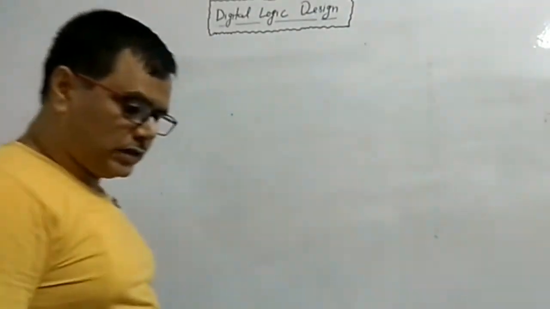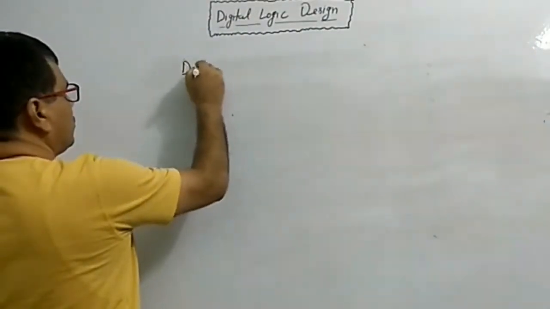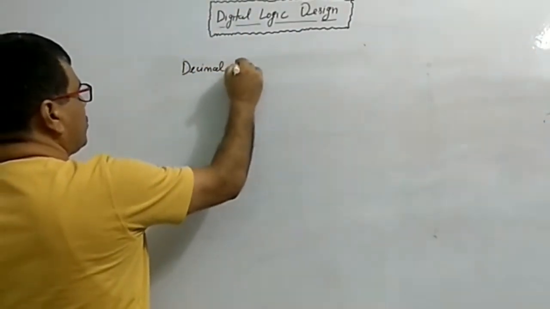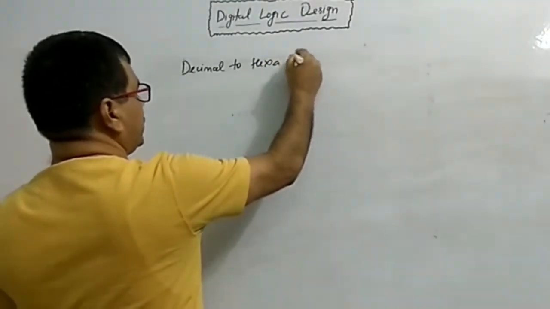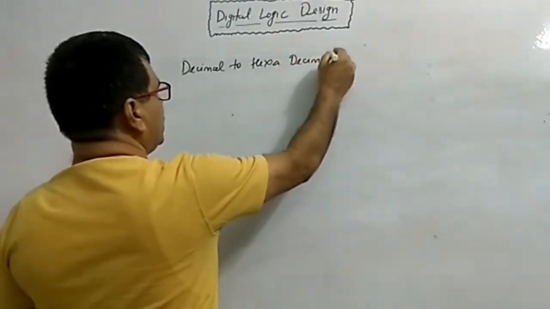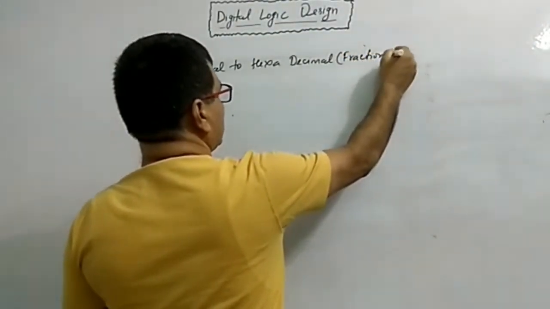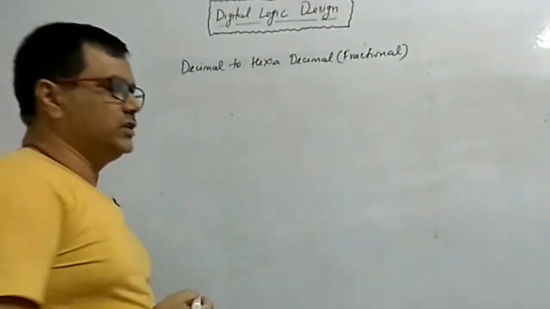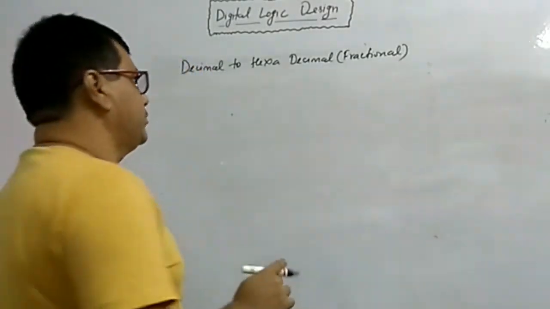Now the hexadecimal number, decimal to hexadecimal fractional part. The process is the same.